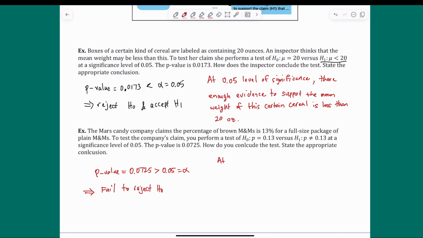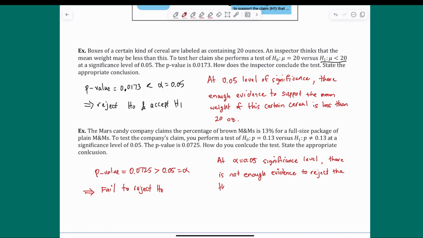At alpha equal to 0.05 significance level, there is not enough evidence to reject the null hypothesis, which is what?